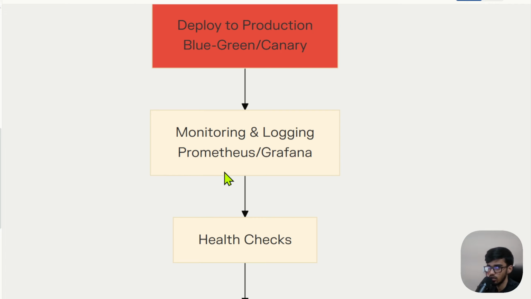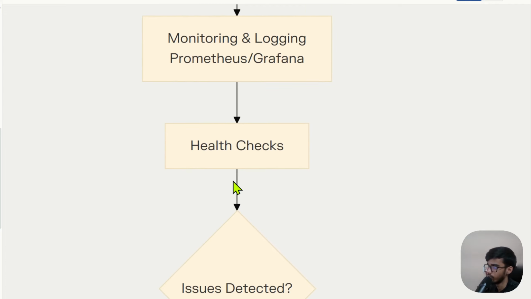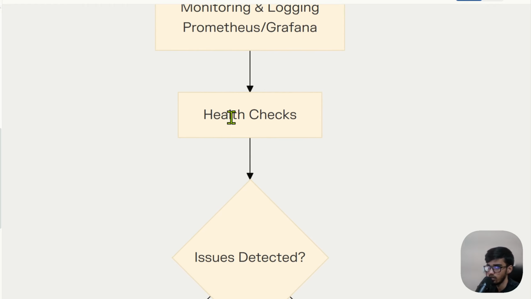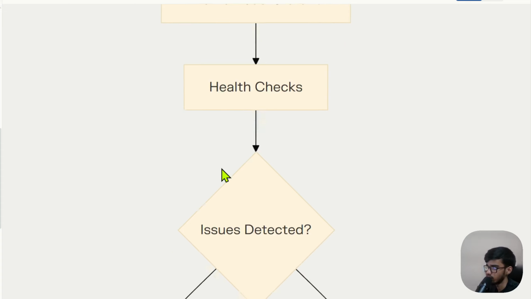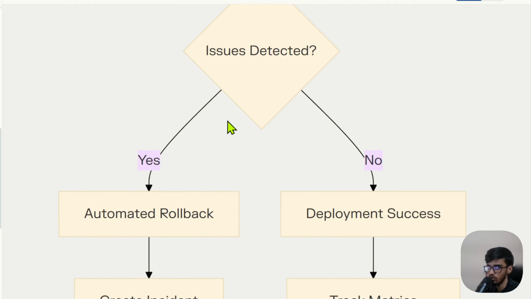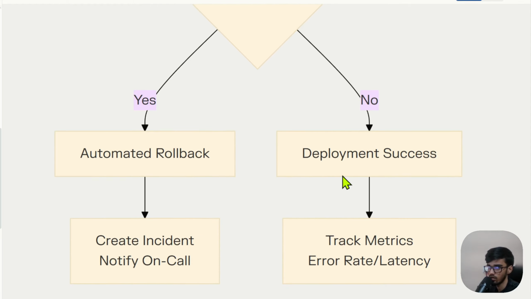You just need to be aware of that as well. Then there is a health check that needs to be performed. Is the database working fine, are my backend services working, then great. So all those things are tested here, and then we do a final check. If no issues are detected, then that's great.